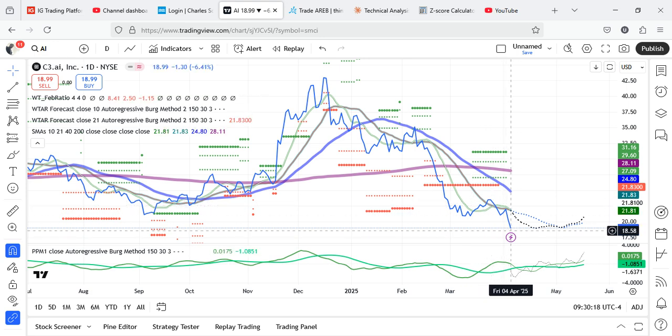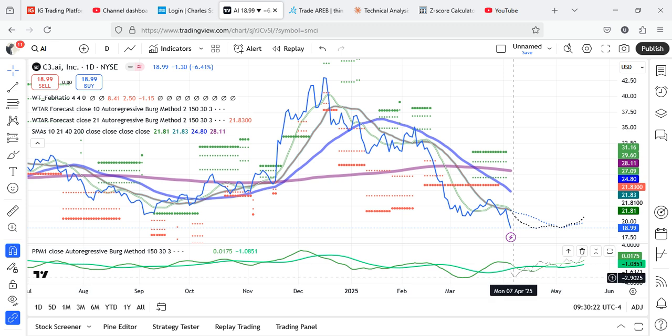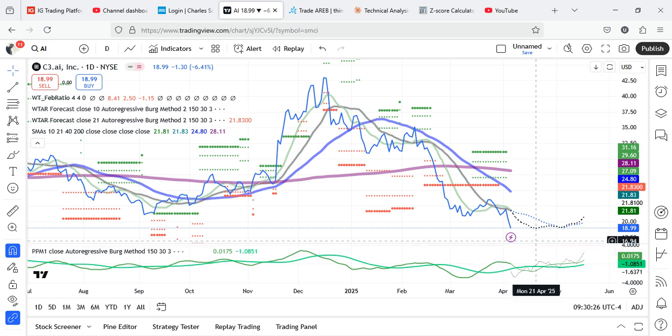You can see that, so the algos are projecting that that weakness, that deceleration is going to slow down. Probably the reason why it's going to print a bottom by the 22nd of April or thereabout. That is the decline in that moving average.